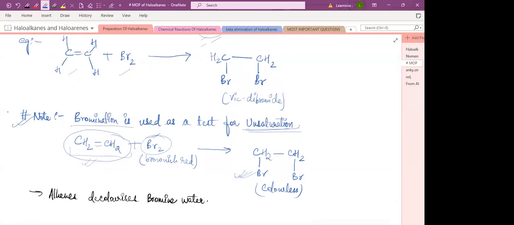Alkene decolorizes your bromine water, and this test is used for unsaturation.